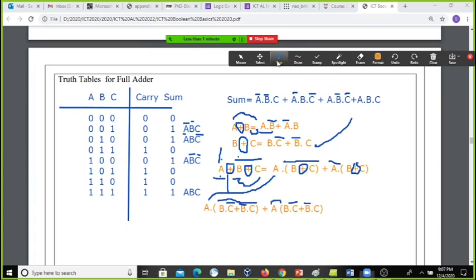Okay, then we just take this. A is here, and we have the BC plus BC plus ABC.